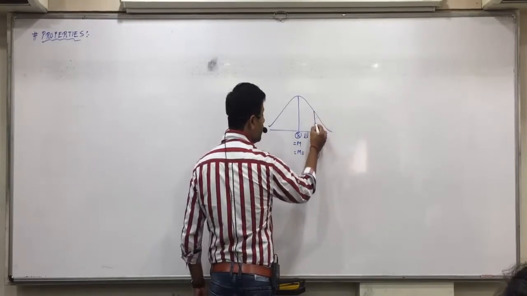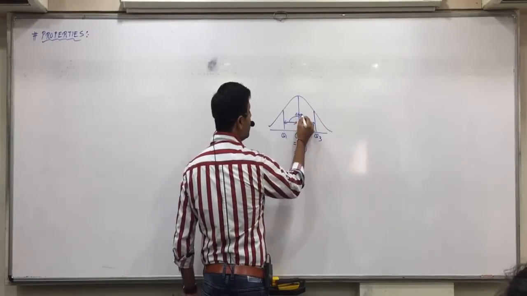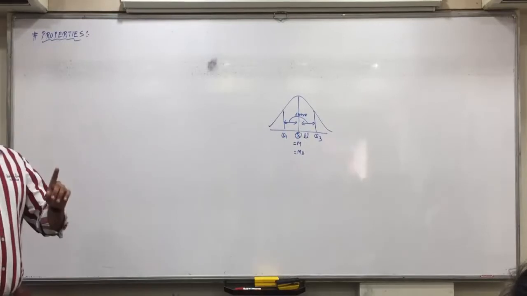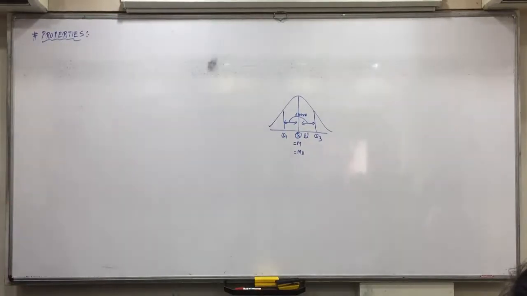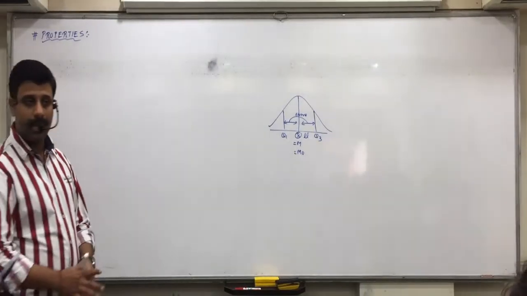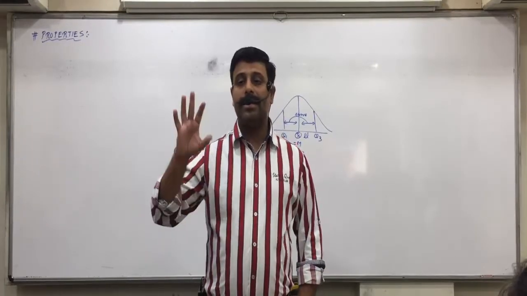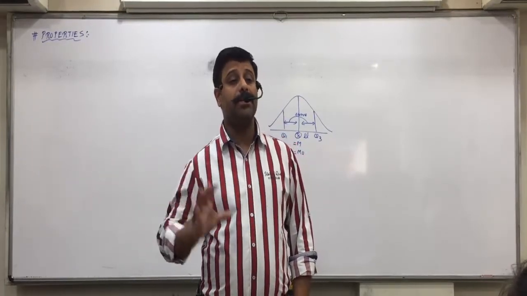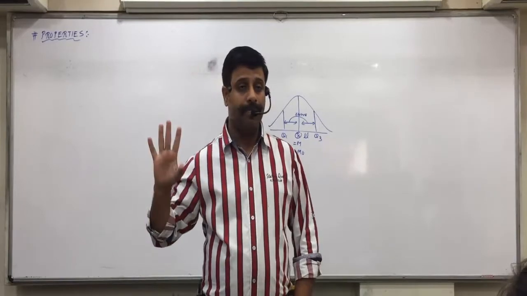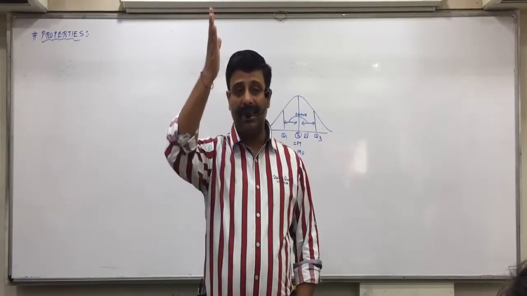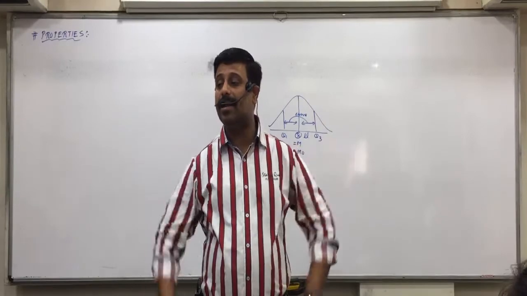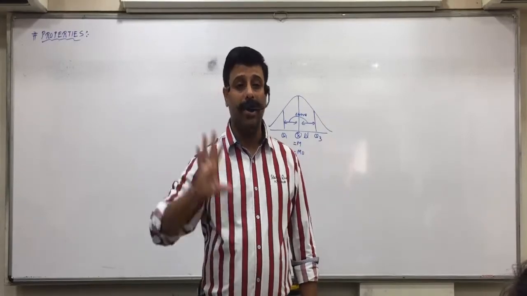Then the quartiles are equidistant: Q3 minus M is equal to M minus Q1, and Pauli's skewness was obtained from that formula. Third, bell-shaped. And fourth, highest frequency in the center, and on either side the frequencies are the same. That property you don't have.